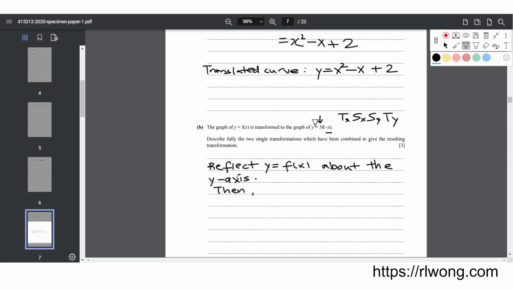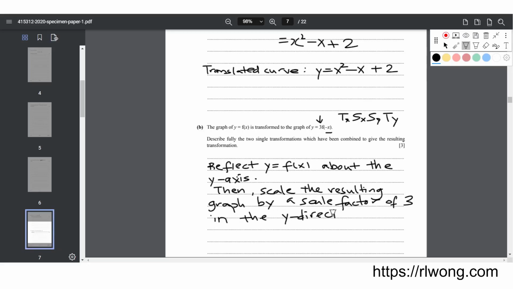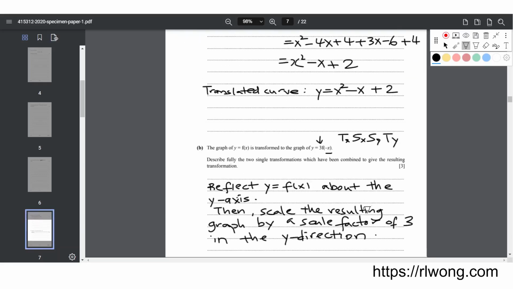Then you do the 3, then scale the resulting graph by a scale factor of 3 in the y direction. Okay, so this is for the transformation of graph.